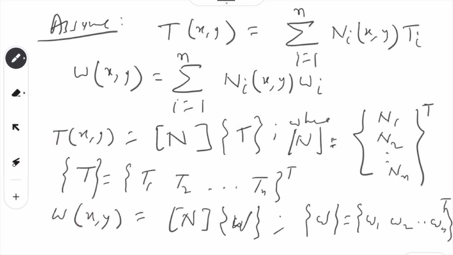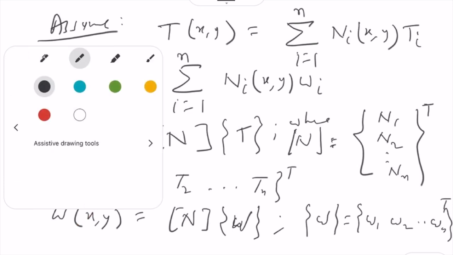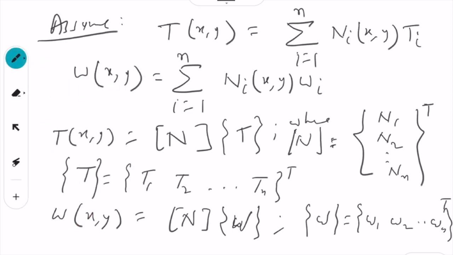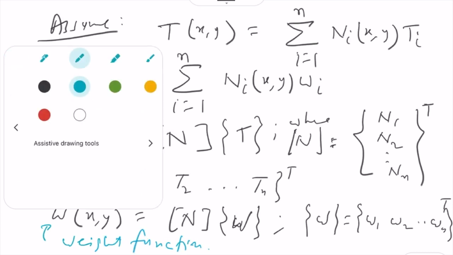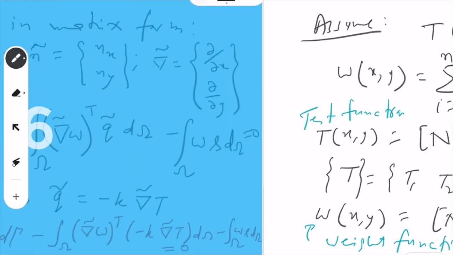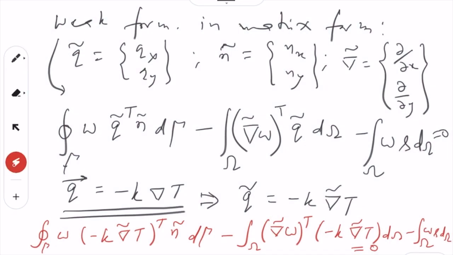Not to forget, this is our test function and this is our weight function, and we will put those values into this weak formulation.